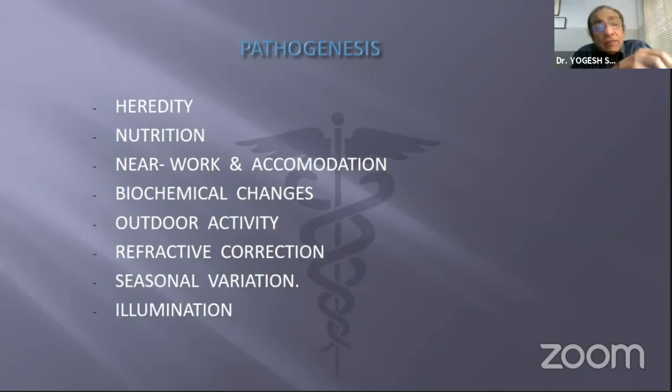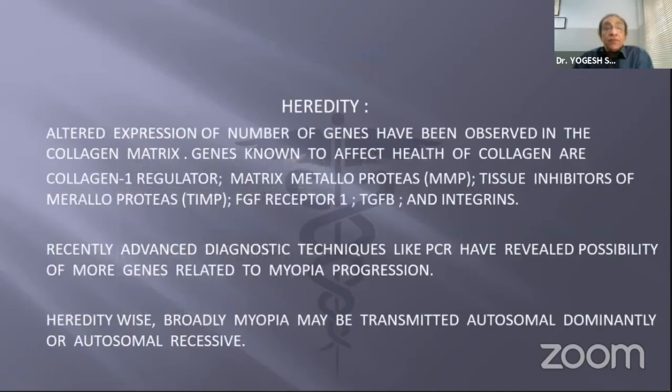The main salient features which have come forward are hereditary, nutrition, near work and accommodation, biochemical changes, outdoor activity, refractive correction, seasonal variation, and illumination. Out of these, hereditary is the most prominent factor in the causation and progression of myopia. There are about 200 genes which have been found, which in some way or other affect the causation and progression.